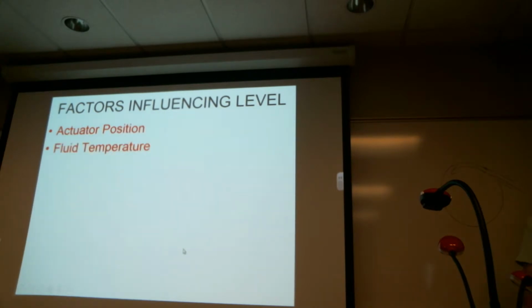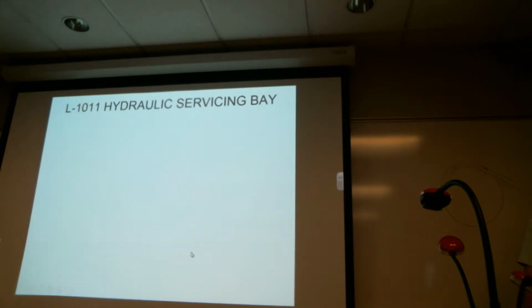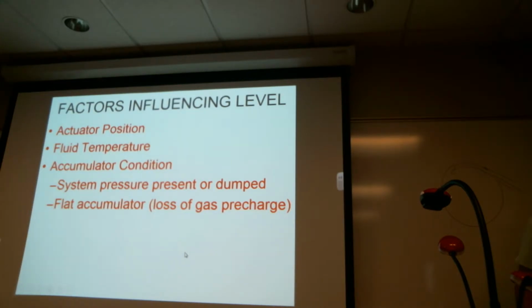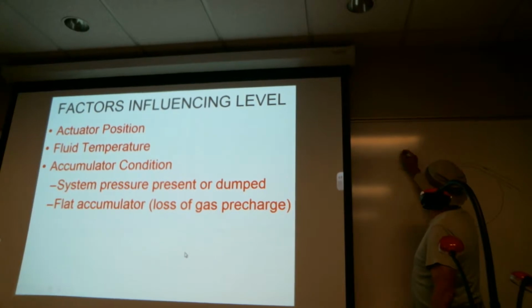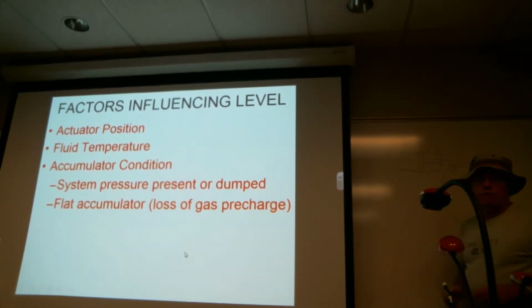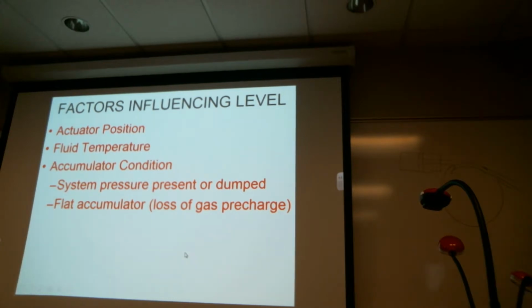This is what I'm going to require that you know and understand. There are basically three different things that will influence the level that you see in a reservoir. If you have unbalanced actuators, where you've got a piston on one side of the actuator and a rod on the other, the actuator position will determine the fluid level that you're going to see in the reservoir. Obviously, the displacement of that piston can change the level that you see in the reservoir.